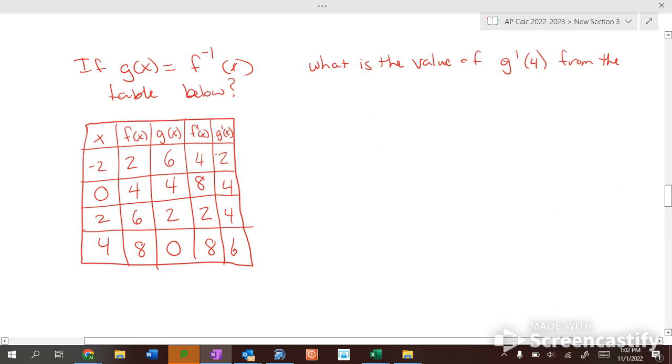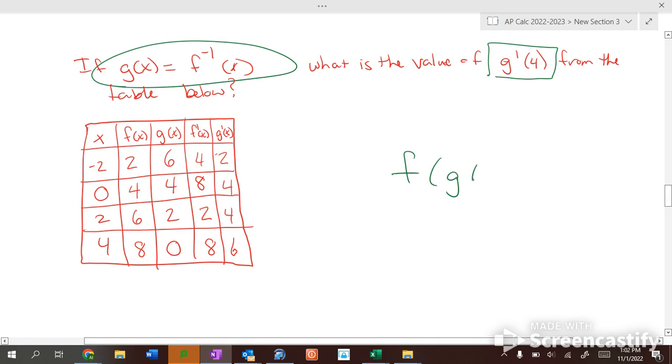If G and F are inverse functions of each other, what's the value of the first derivative of G at 4? So you have to take F of G of 4 like that, right? What's G of 4? 0. So what's F of 0? 4.